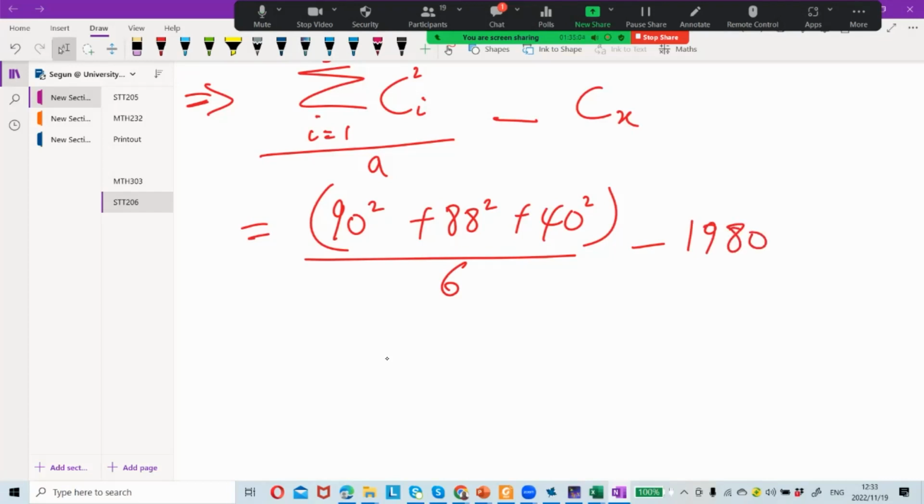Press your calculator. Let me see what you have here. The 90 squared plus 88 squared plus 40 squared is equal to 17,444. Divide by 6.